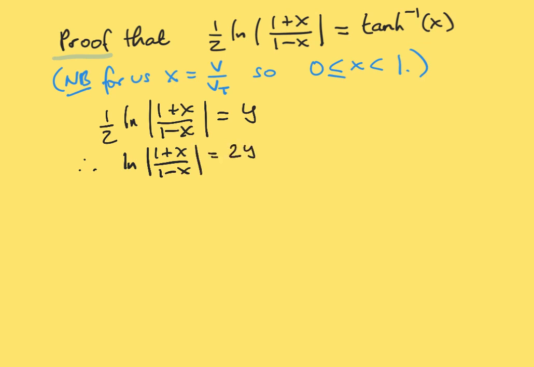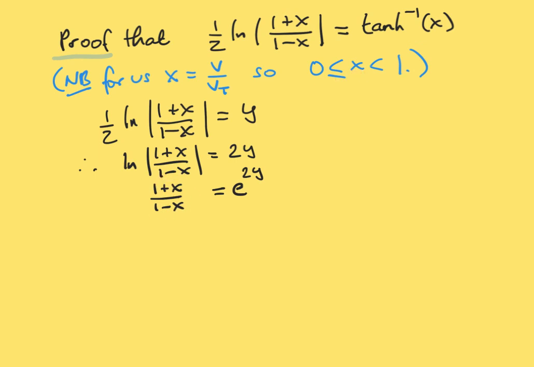And now it's very natural to take the exponential of both sides. So on this side, we're going to get e to the 2y. And on the left-hand side, the exponential of the logarithm of the modulus is going to be the modulus, and that's going to be (1 plus x) over (1 minus x), because this is then going to be positive.